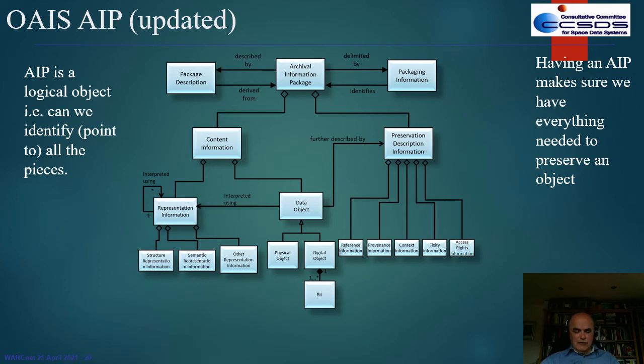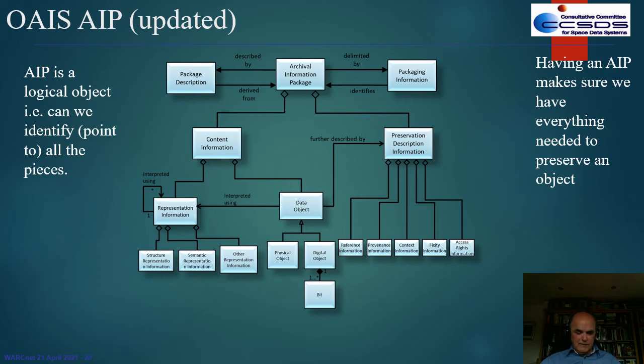The term logical package means that this does not require everything to be in a single file, such as a zip file. Instead, it would be, for example, a collection of pointers to many separate objects.